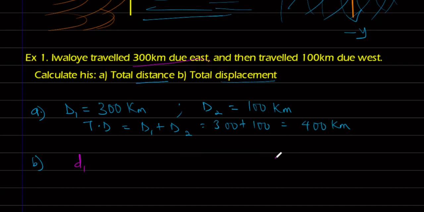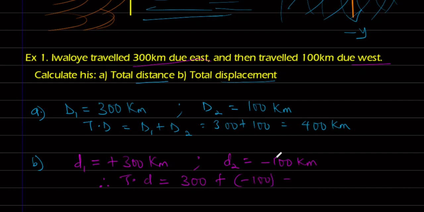As we have said, east is positive direction, that's plus 300 kilometers. Then the second value, 100 km due west. West is negative x-axis, that is minus 100 kilometers. Therefore, the total displacement is going to be plus 300 plus minus 100, and that gives us 200 kilometers.